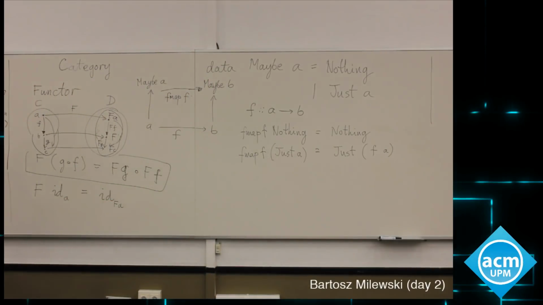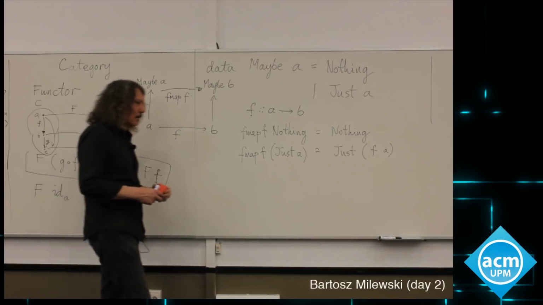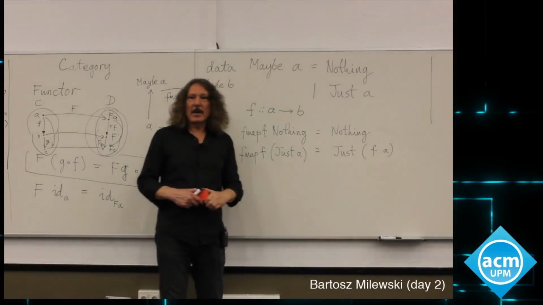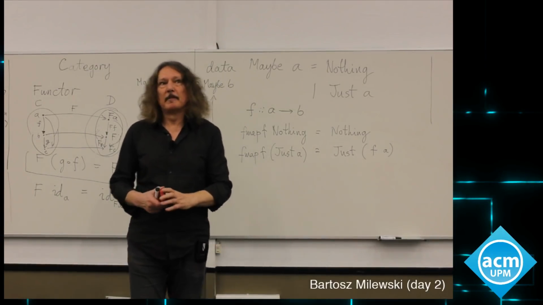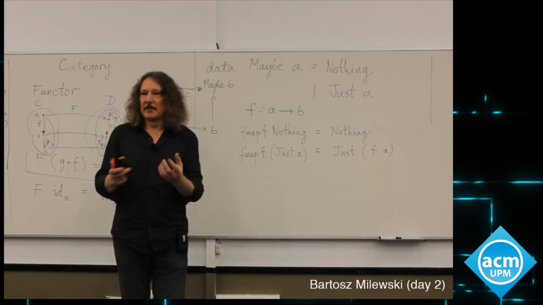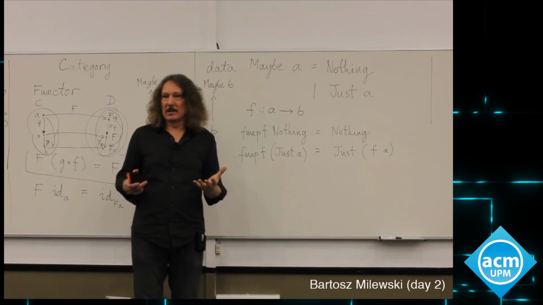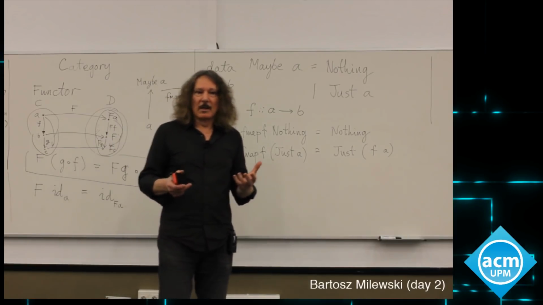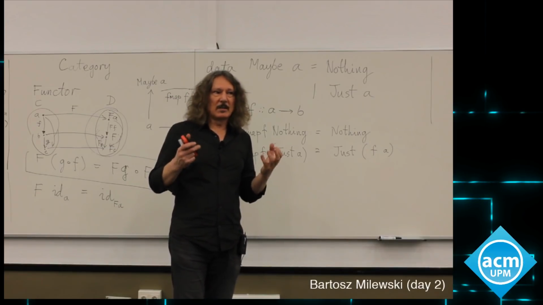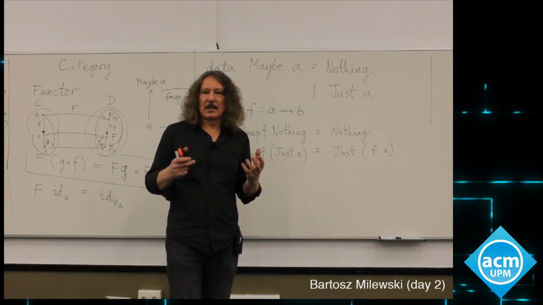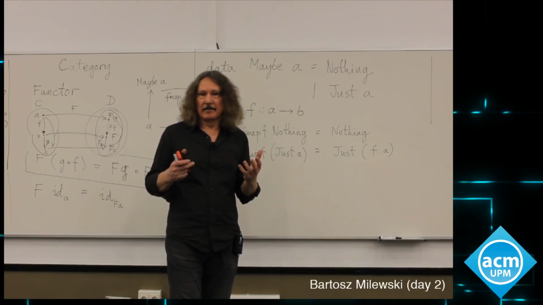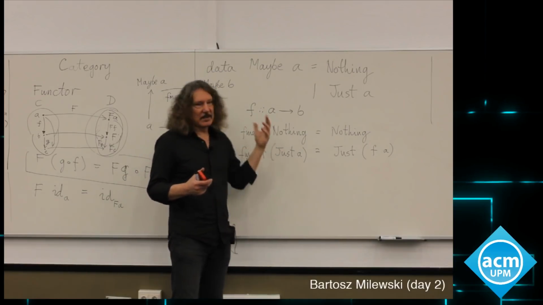Okay. Now, the way to get some feeling for what a functor is in a programming language, it's nice to think of a functor as a container of things. So Maybe is just a very simple container.